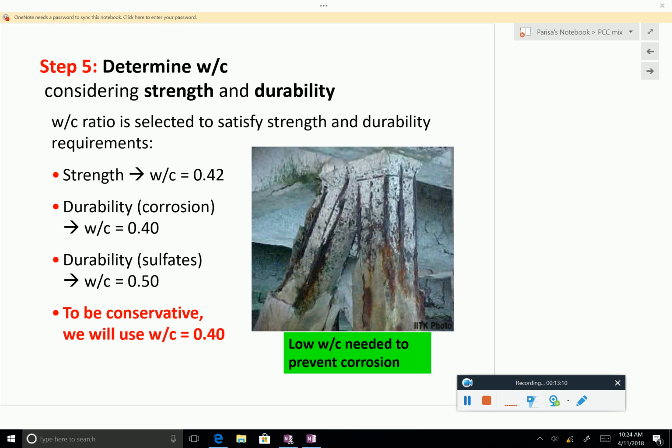So you want to have the lowest water to cement ratio possible, because remember, lower water cement ratio means higher strength, better durability. So you don't want to design for something which is less than one of these. So you need to choose the minimum of all 3, which is in this case 0.4.